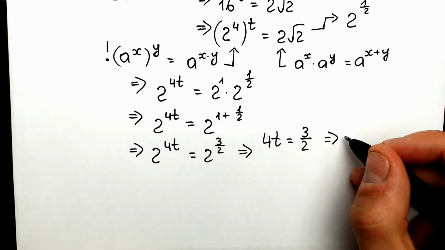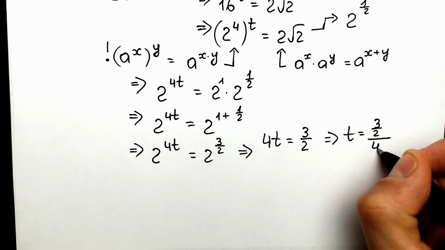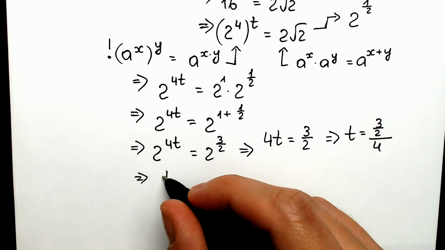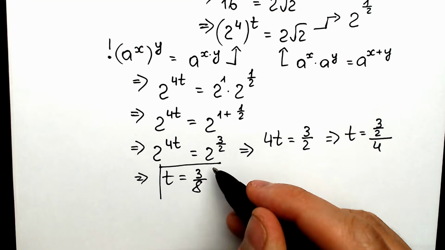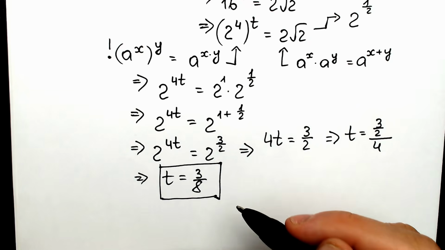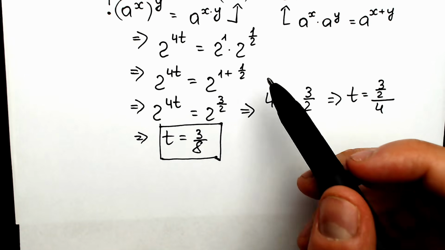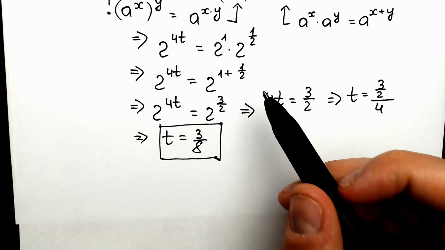And from here, our t is equal to 3/2 over 4. We can write it this way, so our t is equal to 3 over 8. This is our root of this question, and we solved it according to basic power rules.